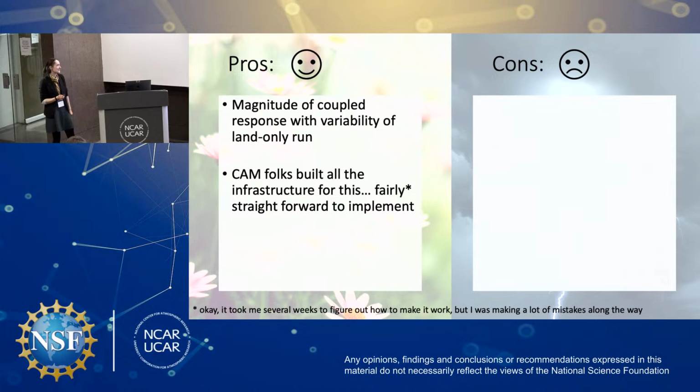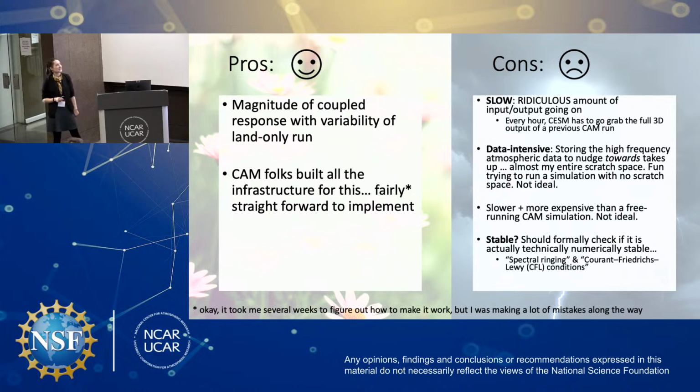Okay, so the cons of this: it's really slow to run a model this way. Those of you who look at what the slow pieces of a model are will know that input and output, reading files and writing files, takes a lot of time. I'm literally getting the atmospheric model every hour to go and grab the full 3D field of another atmospheric model, read it in, and push itself towards that. That also means it's very data intensive.